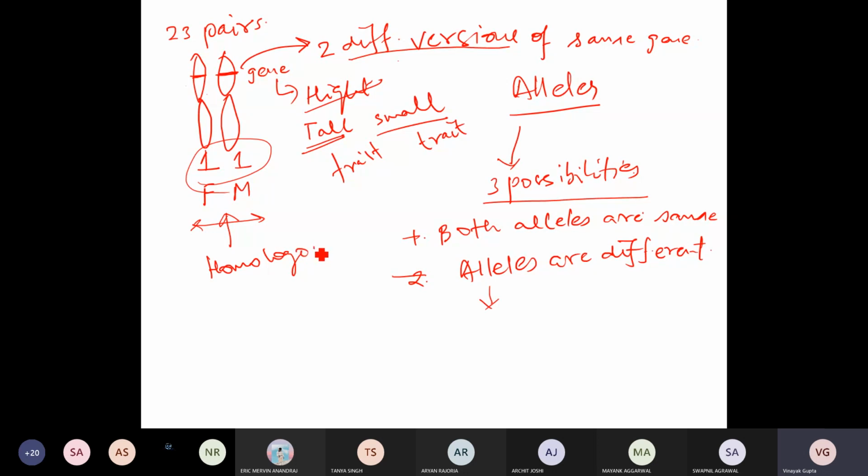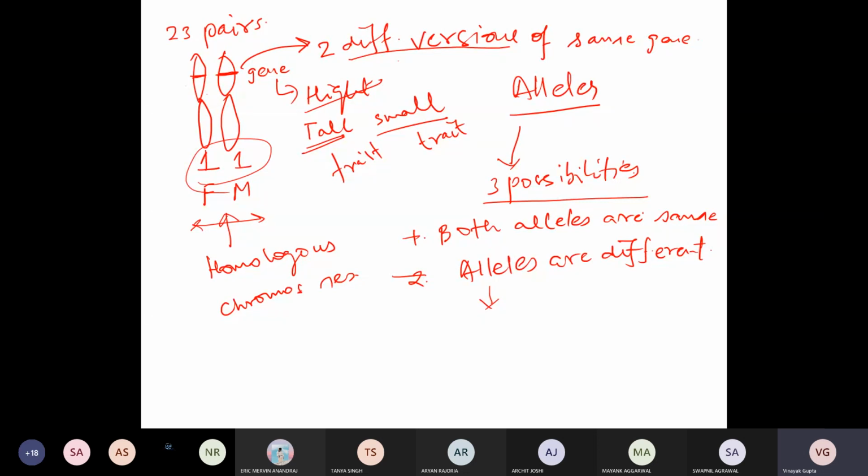Homologous chromosomes means, let's say, the first chromosome from the father and the same chromosome from the mother. This pair of the chromosome is called homologous chromosome. Now we are going to discuss those three possibilities, but before that we have to define other terms.